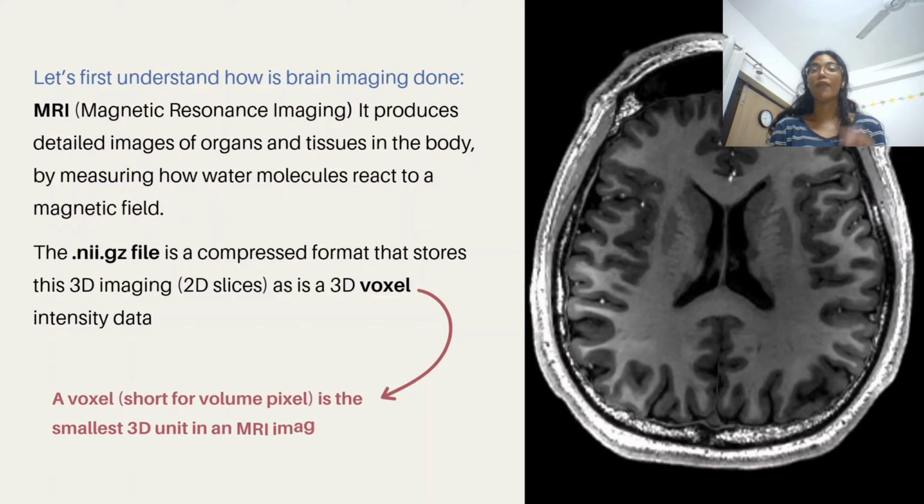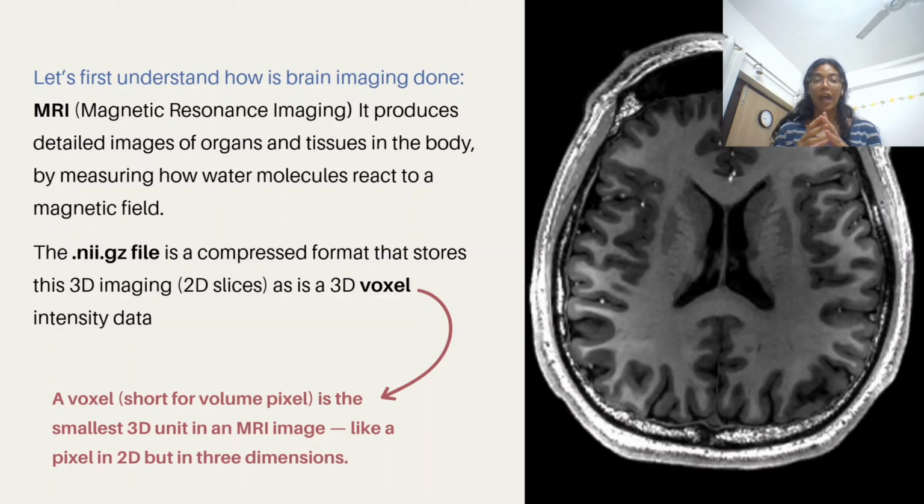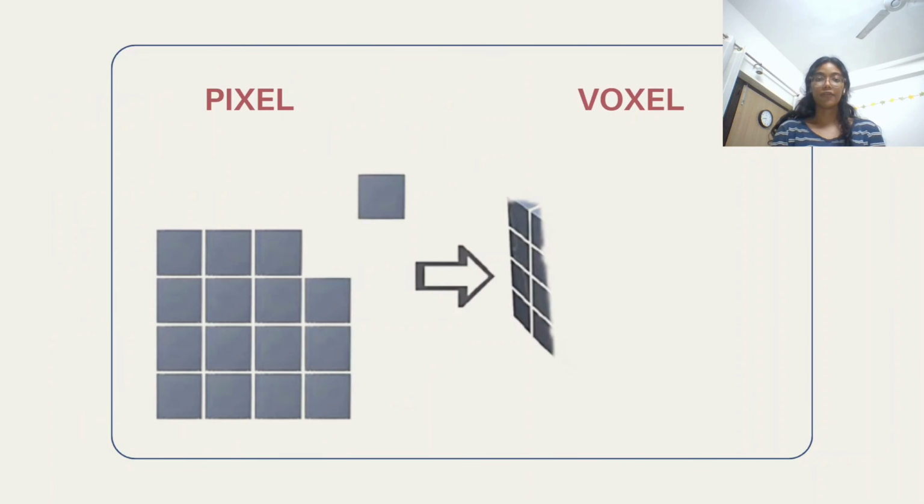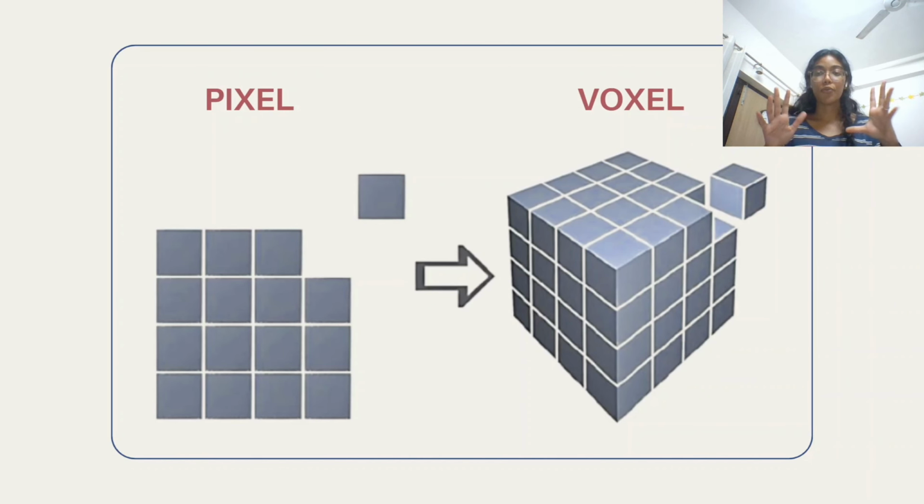A 3D image has a volume pixel, a pixel which has volume associated with it. So to give a better understanding, a pixel is flat, while a voxel is a 3D pixel.